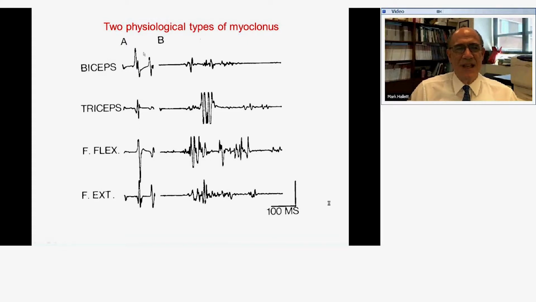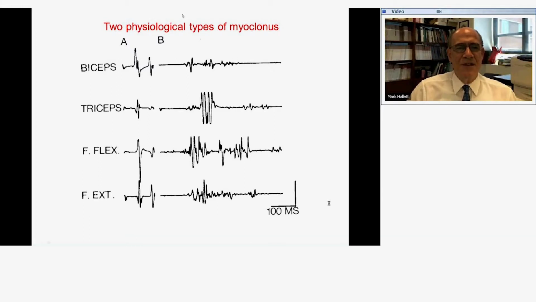Now, you might say that what you see here on the left, this very brief discharge, should look different by eye from this very long discharge. And in fact, they can look very similar by eye. And the reason is because excitation-contraction coupling of muscle is relatively slow compared to the electrical events.